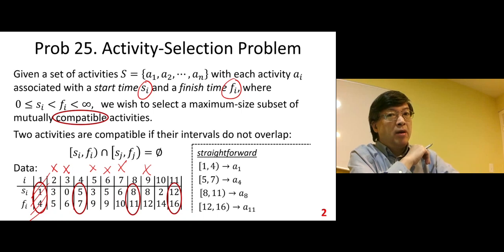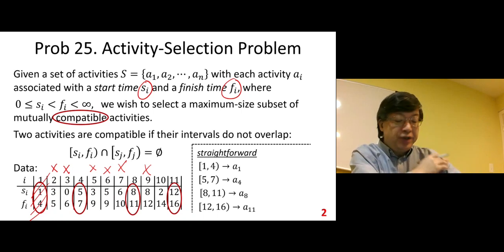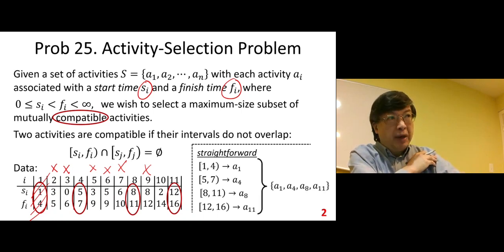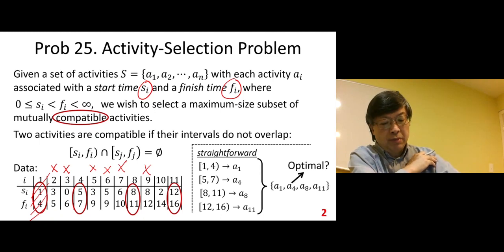So we can find it easily, but after we get this activity subset, can we say this is the optimal solution? Can we convince people nobody can find an activity subset containing more than these 5 activities?